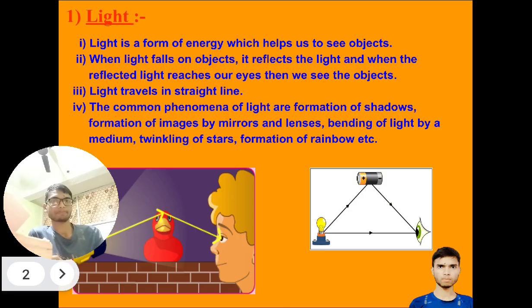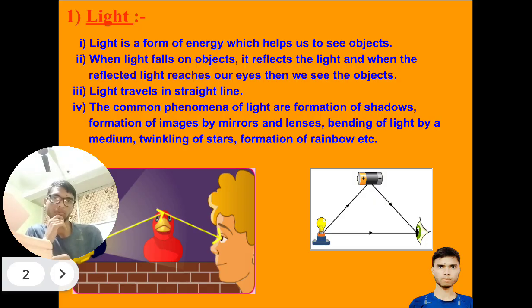But remember, if the object is transparent, then there is no possibility of forming a shadow behind that transparent object, because a transparent object does not form a shadow. Only an opaque object forms a shadow.